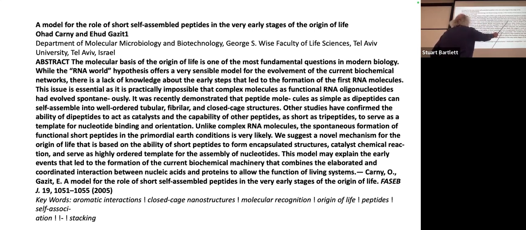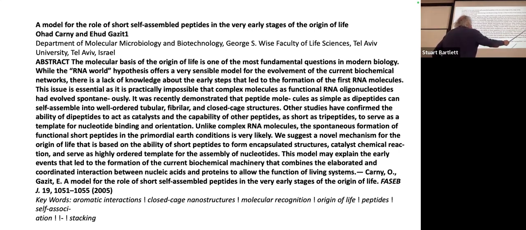It has recently been demonstrated that peptide molecules as simple as dipeptides can assemble into well-ordered tubular, fibrillar, and closed cage structures. Other studies have confirmed the ability of dipeptides to act as catalysts and the capability of other peptides as short as tripeptides to serve as templates for nucleotide binding and orientation. Unlike complex RNA molecules, the spontaneous formation of functional short peptides in primordial Earth conditions is very likely.